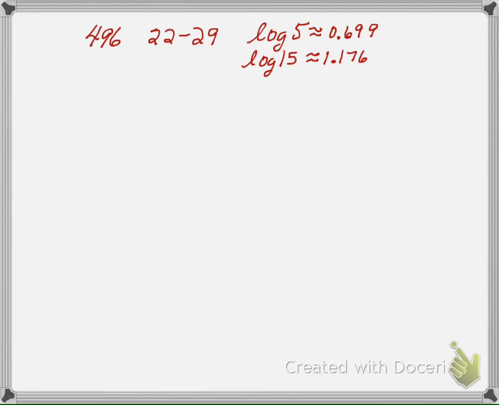Now I'm saying that this brought me back to my youth because when I was a kid, most of our calculators did not have a log button. So if I wanted to know what log 15 was, I couldn't just press log 15 on my calculator. We had a log table in the back of our algebra book, and it would give us the value for log 2, log 3, log 4, log 5, log 6. They would list it out to 3 or 4 decimal places.